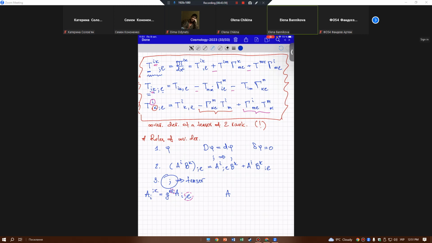K, of course, K. And if I have A_i, I can write even like this. And I can come back to the covariant derivative, which will be below. So what I need to do, I need to put g_KL, A_i,L.